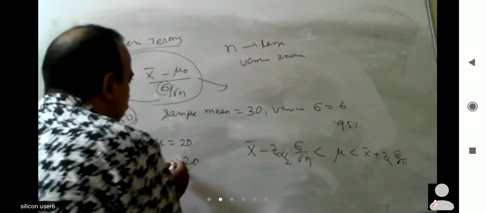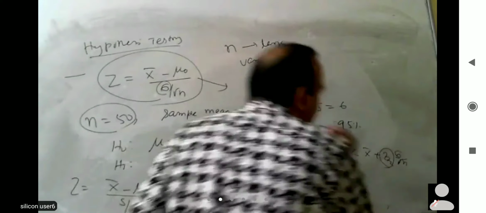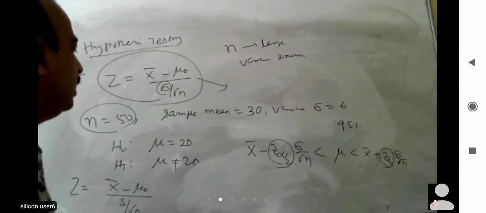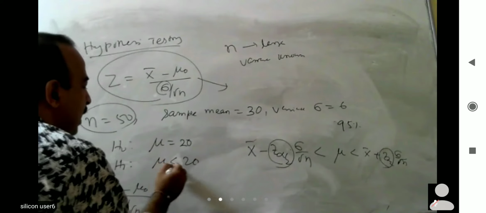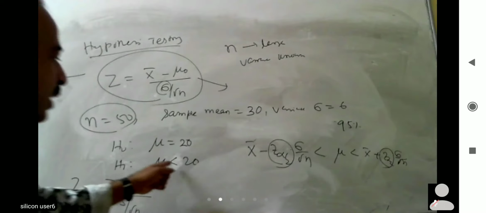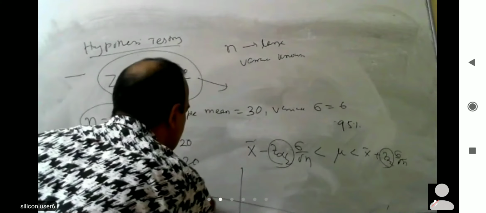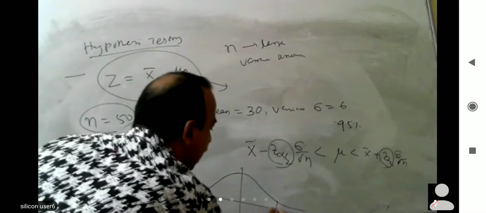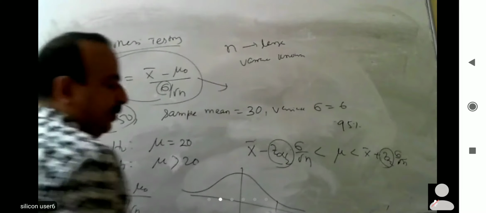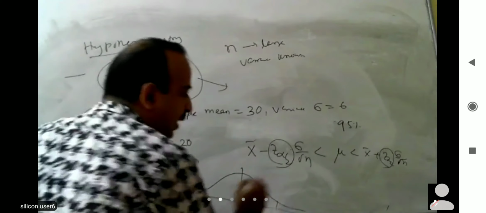Because in both we use Z alpha by 2. Here, if it is a single tail, less than 0 or greater than 0, in this case we take Z alpha. If it is a right tail, we take Z alpha.